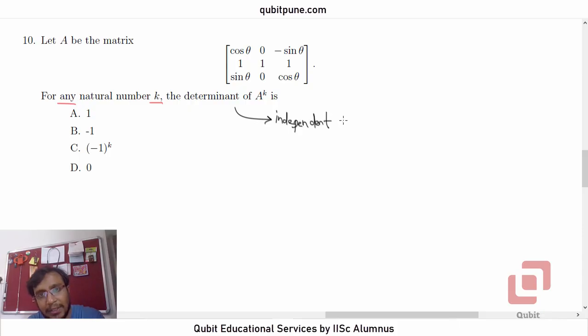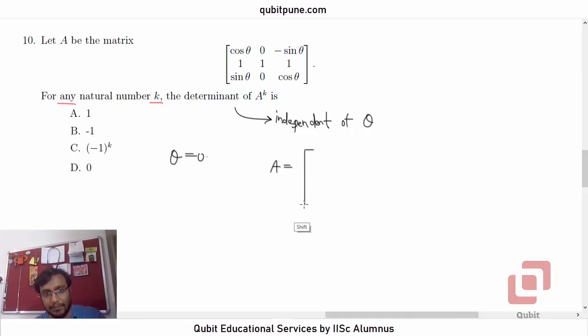Because it is independent of theta as indicated by the options, we can choose any value of theta as per our convenience, and the obvious choice will be theta equal to 0. So let's see what happens if we substitute theta equal to 0.